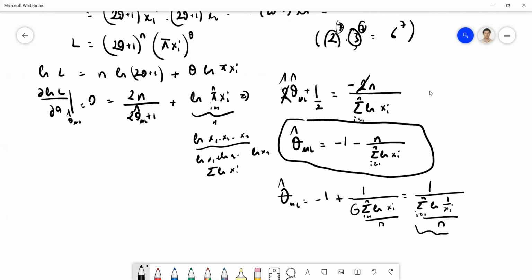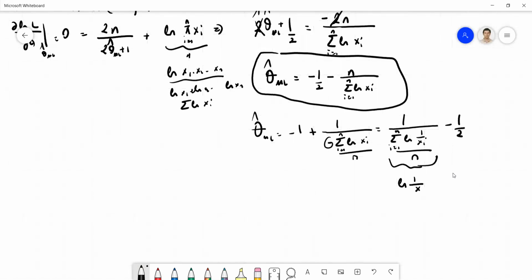So basically this part is going to be the average of ln(1 over xi) values. You take the 1 over x, you take the ln of them, and you take the average. So I can show it that way.